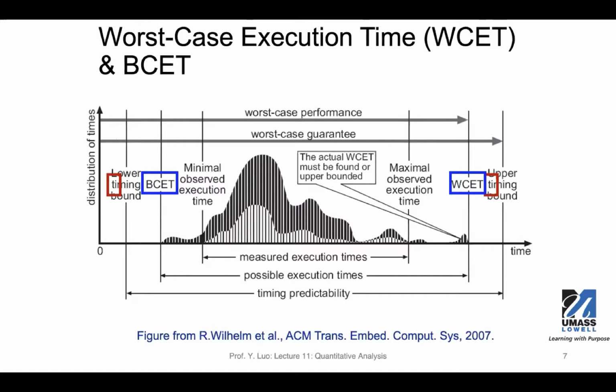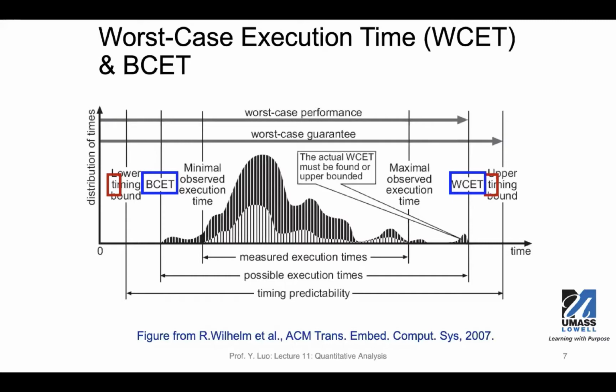This diagram, we want to use it to show several concepts that we will talk about during this class and in the textbook and other materials. What we show here is the execution time and how many times you can observe this execution time.